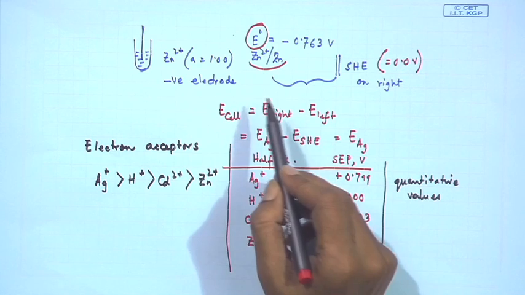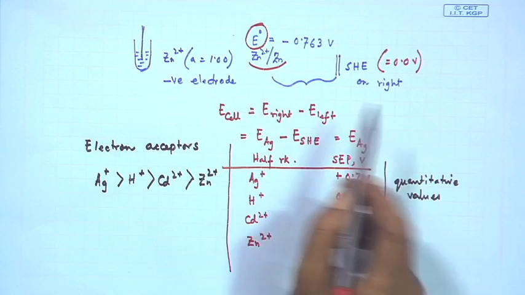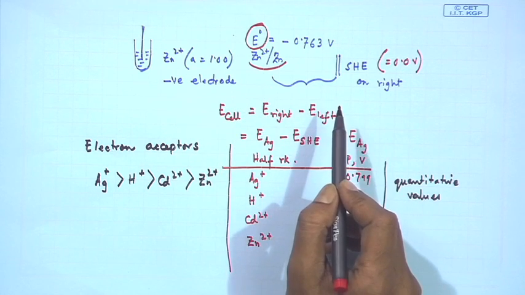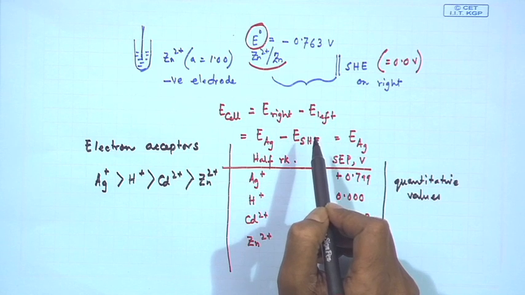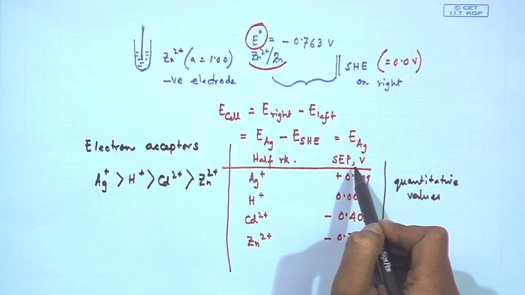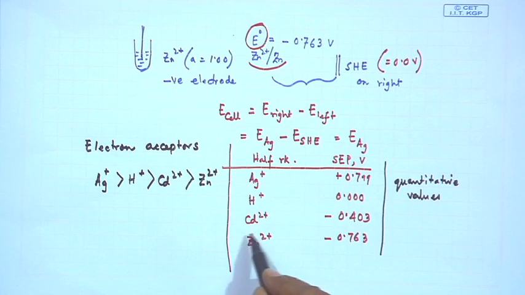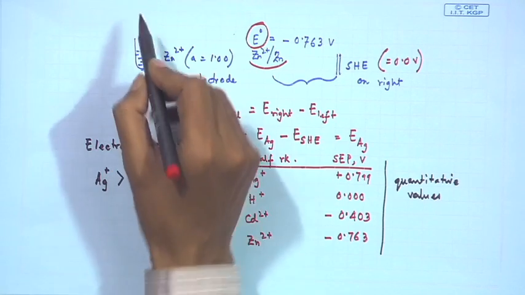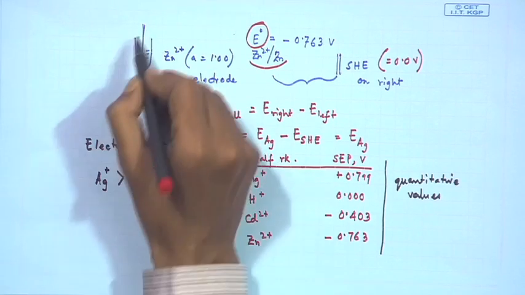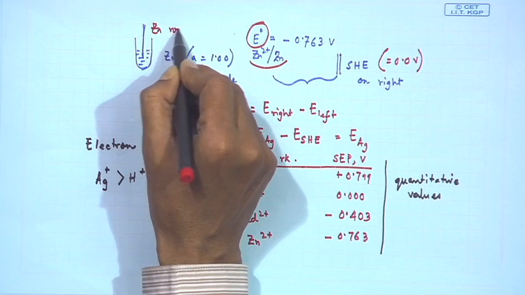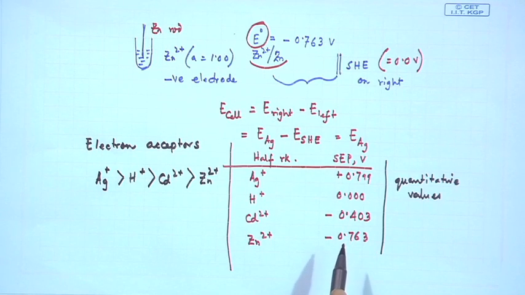So, these are fundamentally based on the idea that if we have a standard electrode, we can generate the standard electrode potential, where the zinc rod is dipped inside the zinc solution of unit activity, giving rise to some potential.